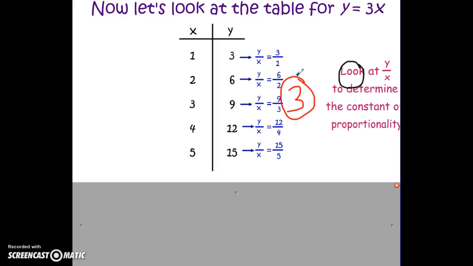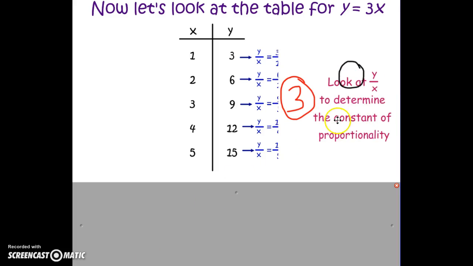So at the top above it says the constant of proportionality. That's what this is, because we're creating this proportional relationship between the y's and the x's. And it's constant because it's the same. So that's why it's called the constant of proportionality.